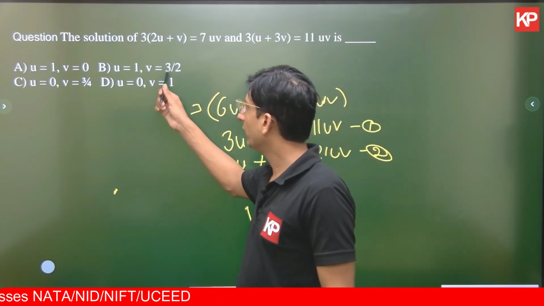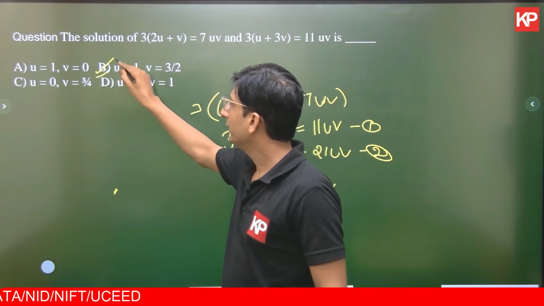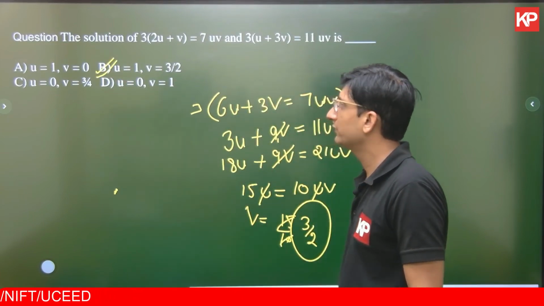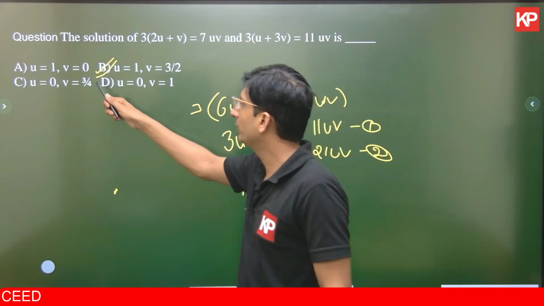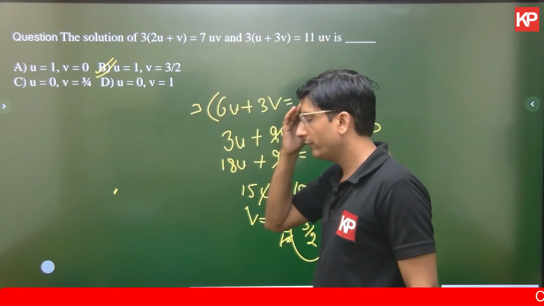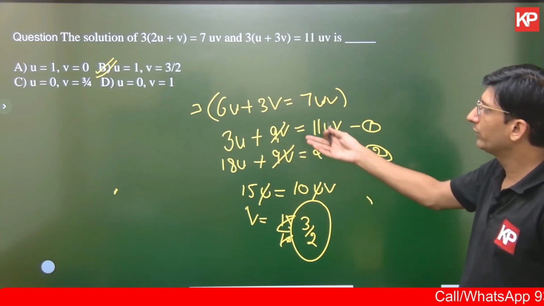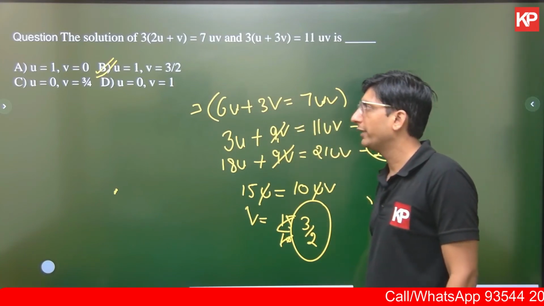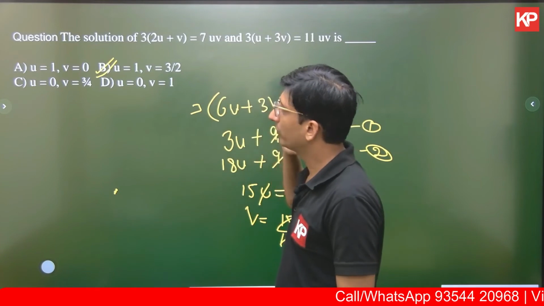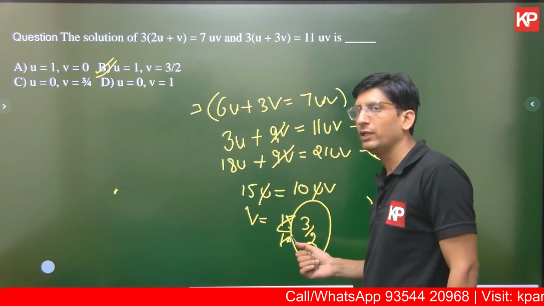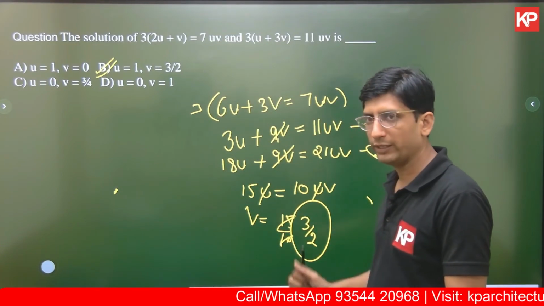No, there is only one option, option number B, in which the value of v is 3 by 2. In the rest the values are 0, 3 by 4 and 1. So we have the value of v as 3 by 2, so we don't have to solve it further. Although you can cross check it by putting the value of v in this equation. Put the value of v as 3 by 2 and the value of u will be 1 then.